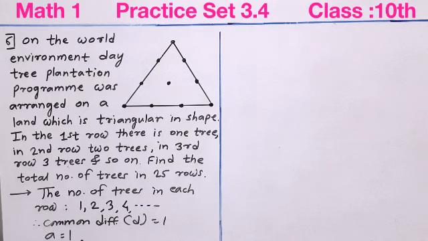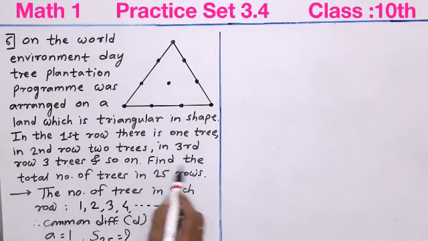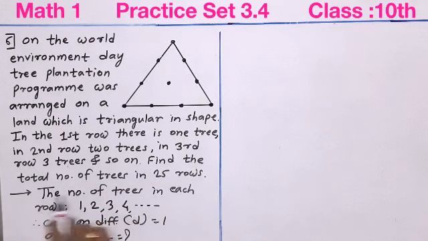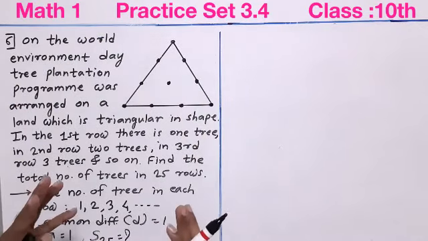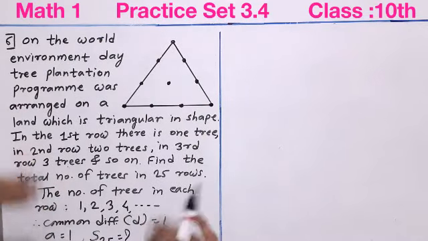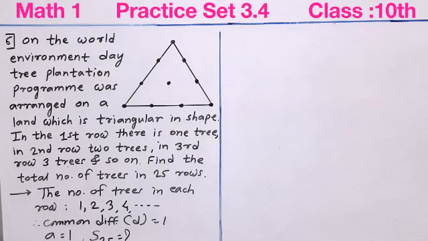Now what we have to find out here? We have to find out S25, means the total number of trees in 25 rows. All the 25 rows possess trees, and what is the number of trees in all the 25 rows? So sum of all the 25 terms.